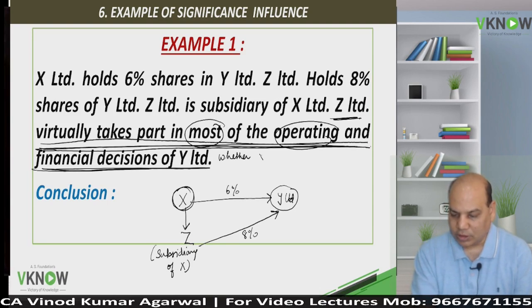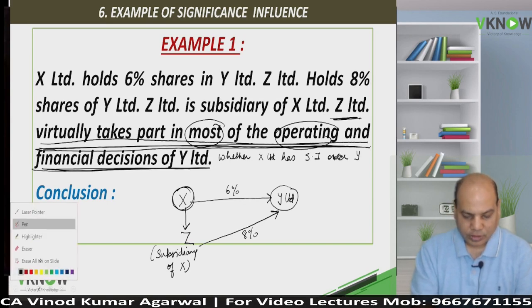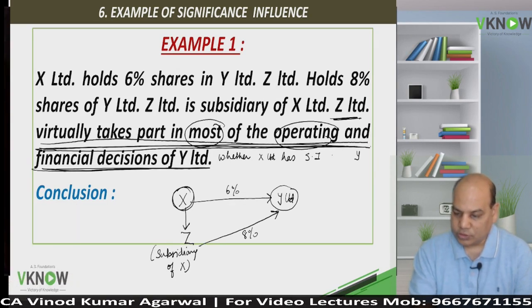Write down the question: whether X Limited has significant influence over Y Limited. X is holding 6, Z is holding 8. Together they are holding 14%.